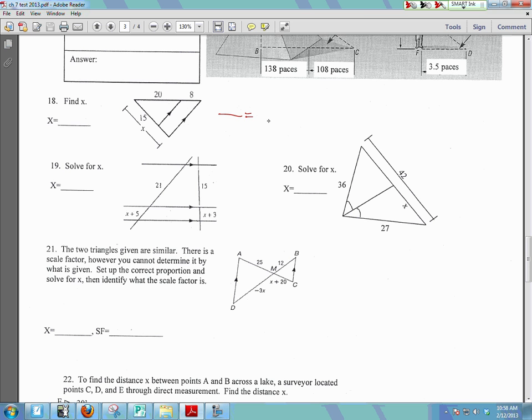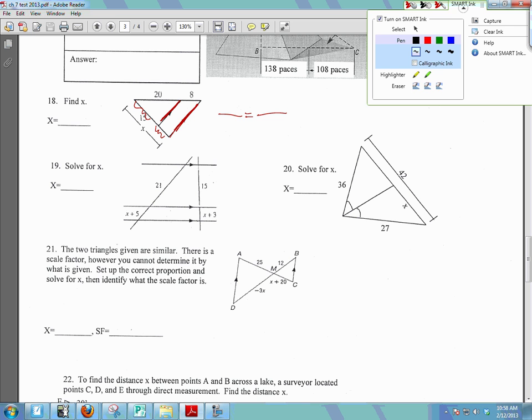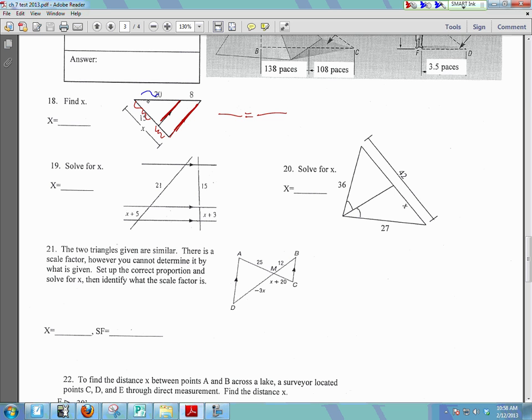If you remember, when we had a line inside a triangle parallel to another side of the triangle, we were allowed to say that this segment here compared to that segment should be equivalent to that segment there compared to that one. So I'm going to say 15 compares to x minus 15 as 20 compares to 8.